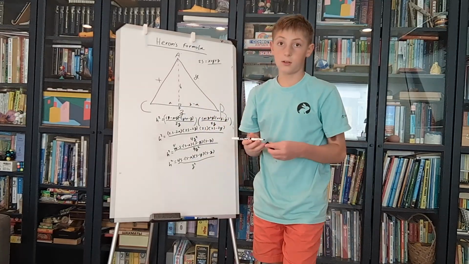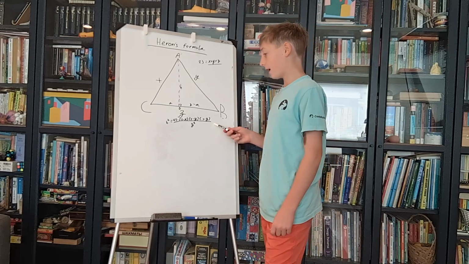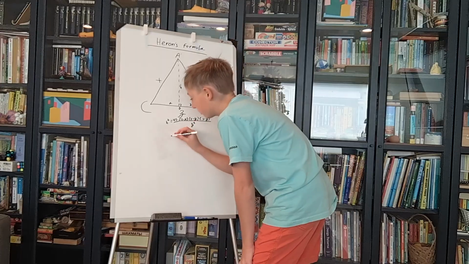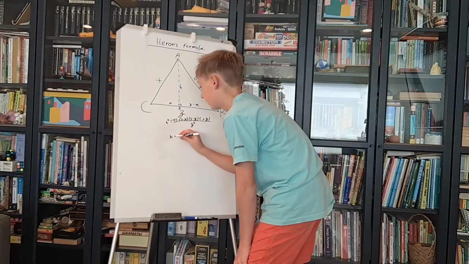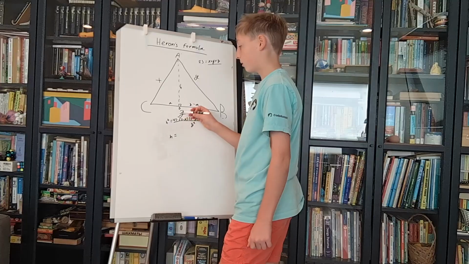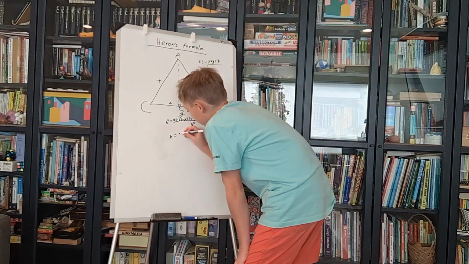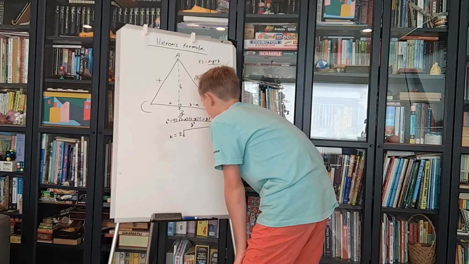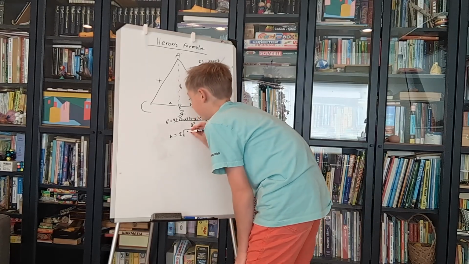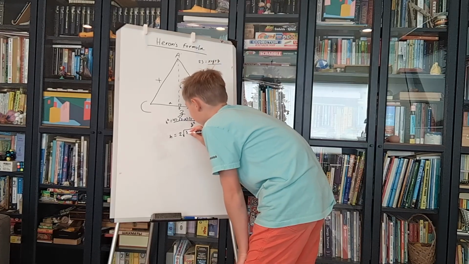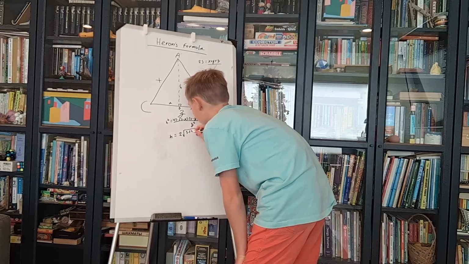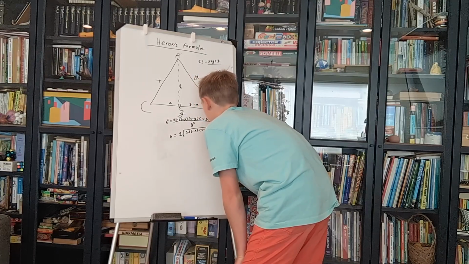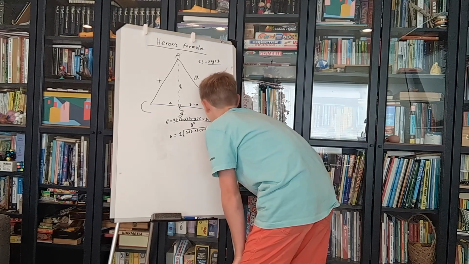Okay, I'll just erase this. Okay, here's what we had. And now we just have h, and then we take the square root, and then the 4 goes out, and we get 2, and then inside of the root we have s times s minus x times s minus y times s minus c.